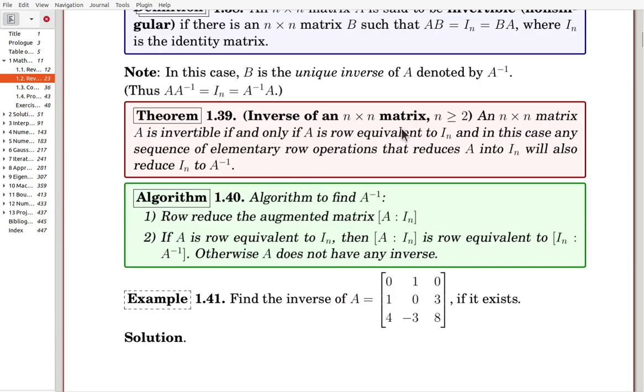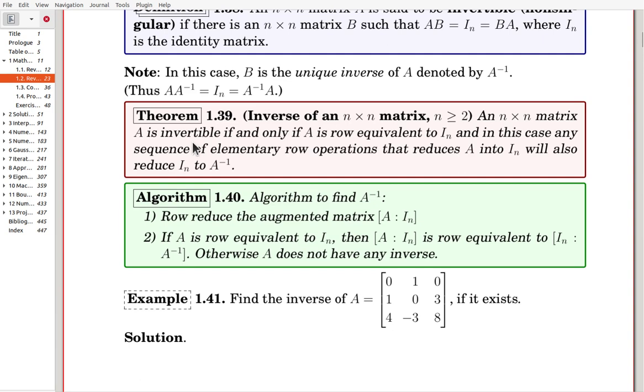Okay, an n by n matrix A is invertible if and only if A is row equivalent to In. That means that if you apply the elementary row operations to A, then in reduced echelon form it becomes the identity matrix. So this is equivalent.